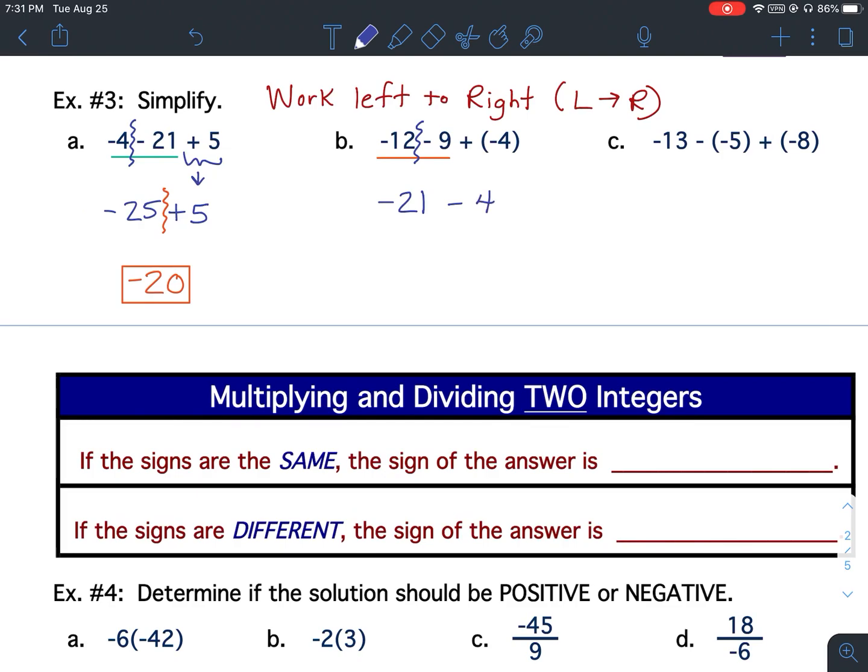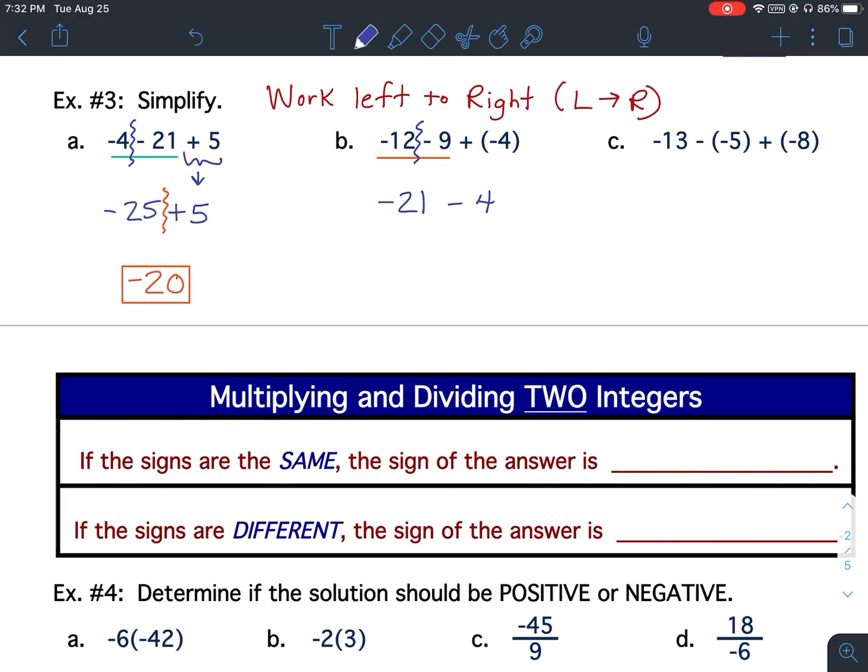If you want to bring down plus -4, there's nothing wrong with that. I wouldn't mark it wrong. I just prefer to stay away from double signs, because they can be confusing and cause mistakes that you otherwise wouldn't make. It only becomes positive when it's double negatives. This is not double negatives, it's a positive and negative, so the sign in between will be negative.